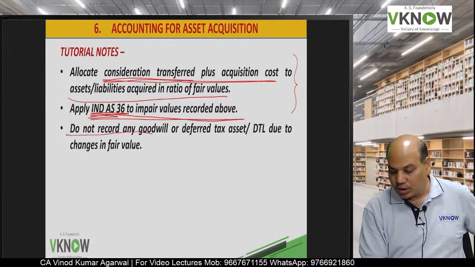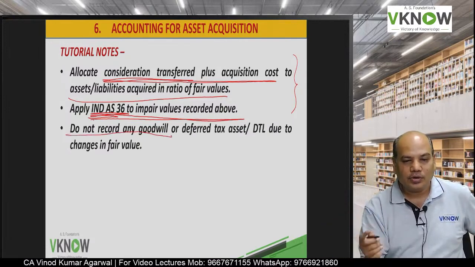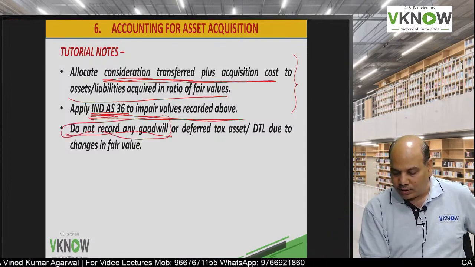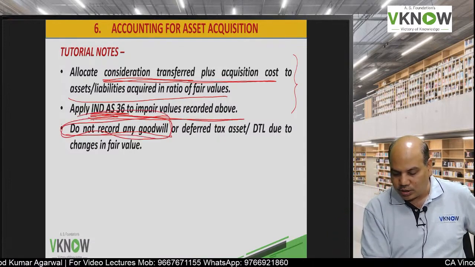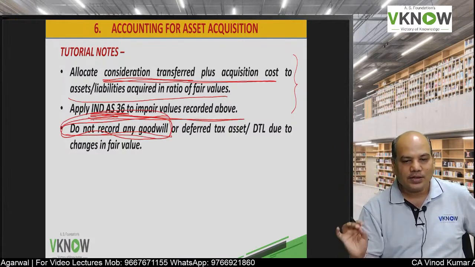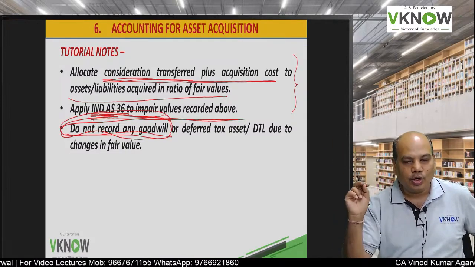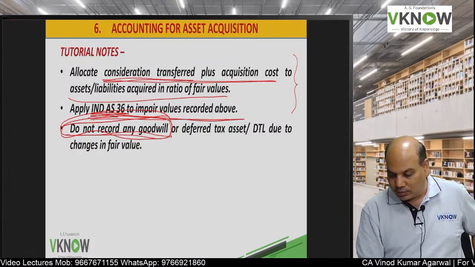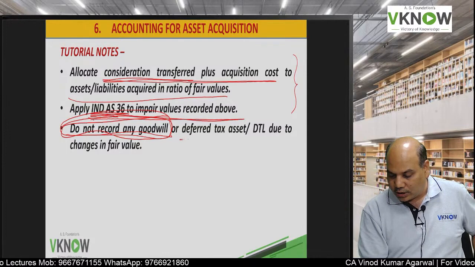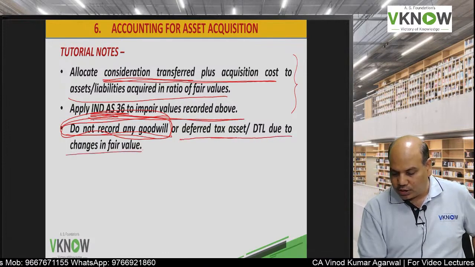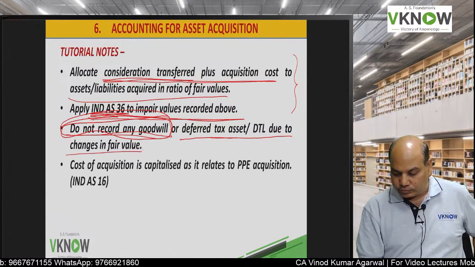Do not record any goodwill. Why? Sir, in my 12th standard they taught us to write difference as goodwill. 12th standard is over. This is asset acquisition, not business combination. So do not record any goodwill. Do not record any deferred tax asset or liability due to change in fair value.